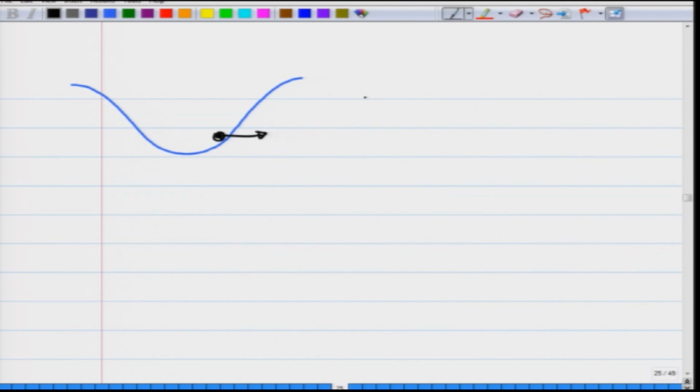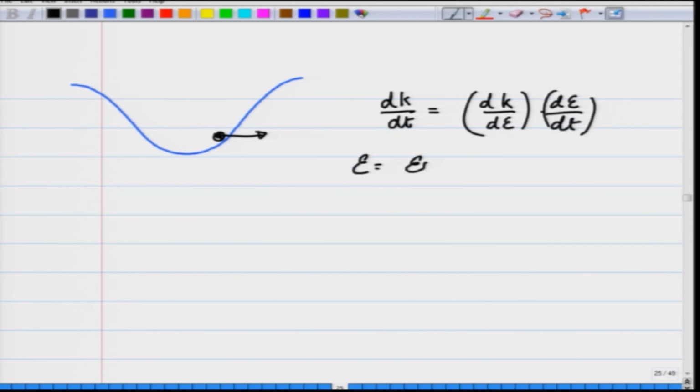Let us calculate how k is going to change. dk dt I can write as dk dE and dE dt, where E is the energy of the particle.